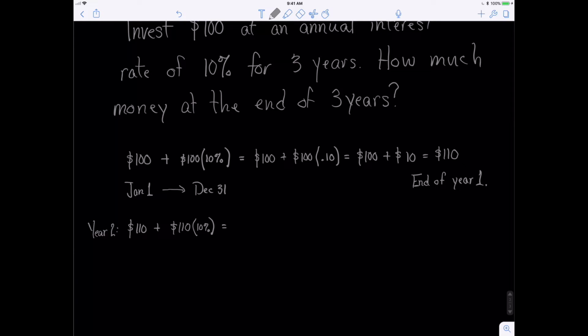So this is equal to $110 plus $110 times 0.1 or 0.10. So this is going to be $110 plus $11 to end our year with $121. This is the end of year 2.